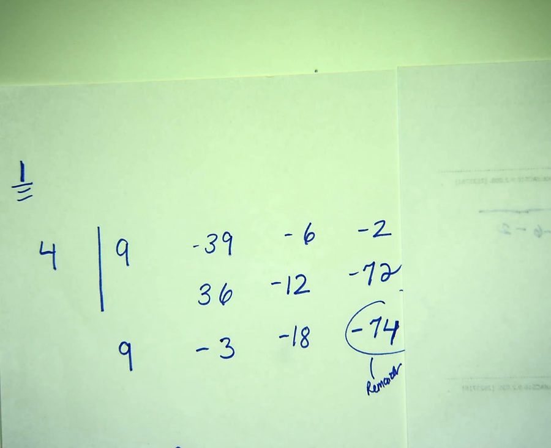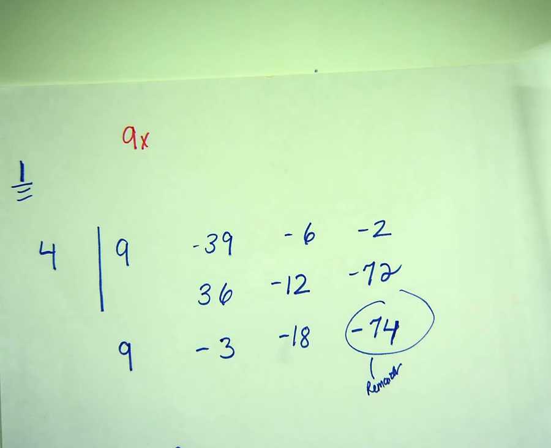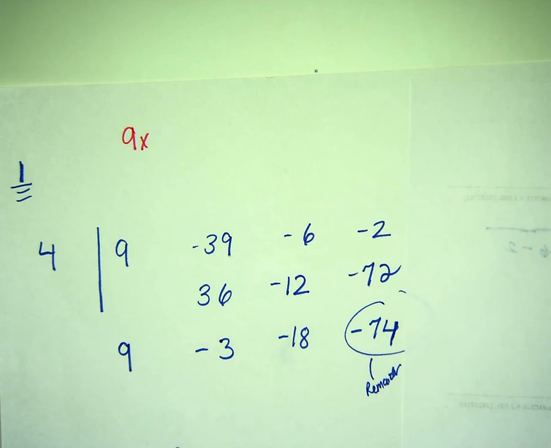You can't see that little scribble scrabble right there, but the word is actually remainder. For those who don't remember exactly what we did, the initial equation was 9x cubed. Was it 9x cubed? Let's see. Yeah, it wasn't even x, so my apologies.